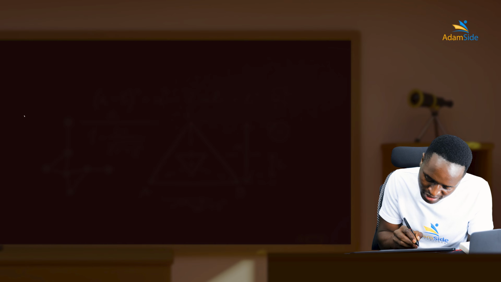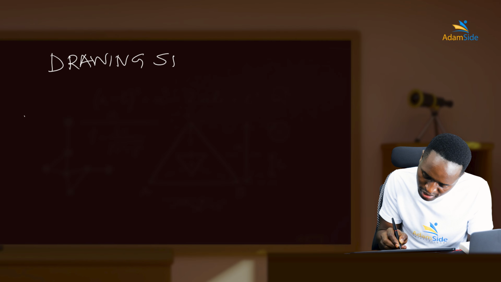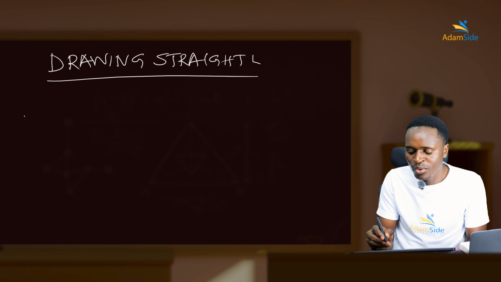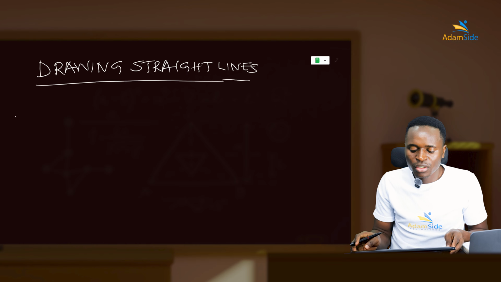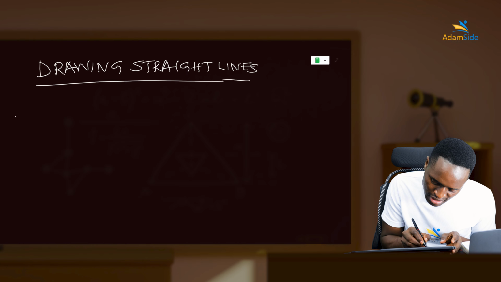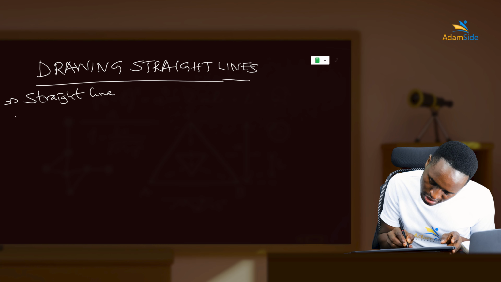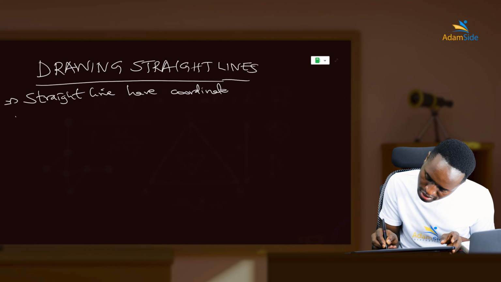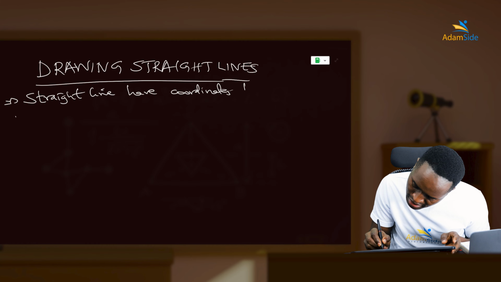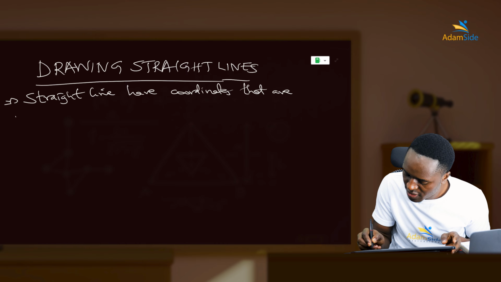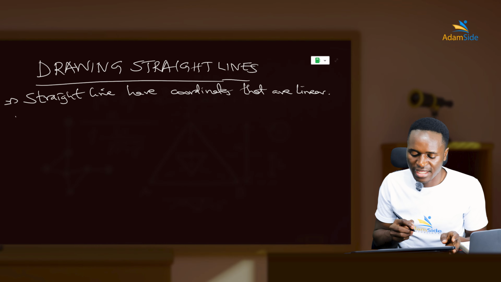We say drawing straight lines. How do we get straight lines? We say straight lines have coordinates that are linear, meaning they are in the same line.